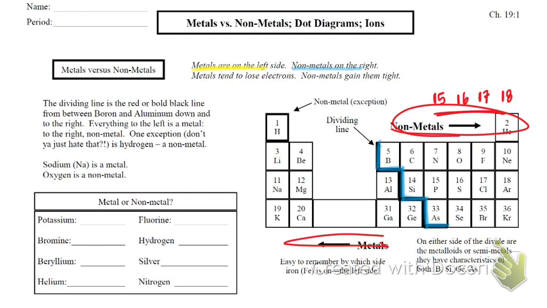Does that make sense? So there are fewer spaces to fill over here. Those valence electrons are closer to being full on the right side.